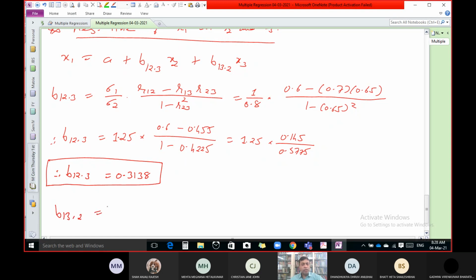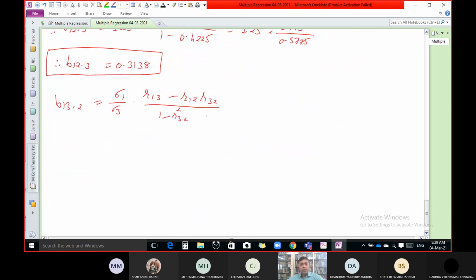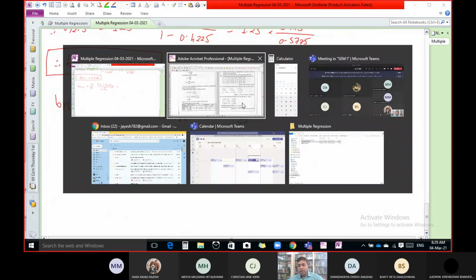How to calculate b13.2? Once again the formula: sigma 1 upon sigma 3 into (R13 minus R12 R32) upon (1 minus R32 square). Sigma 1 is 1, sigma 3 is 0.9.